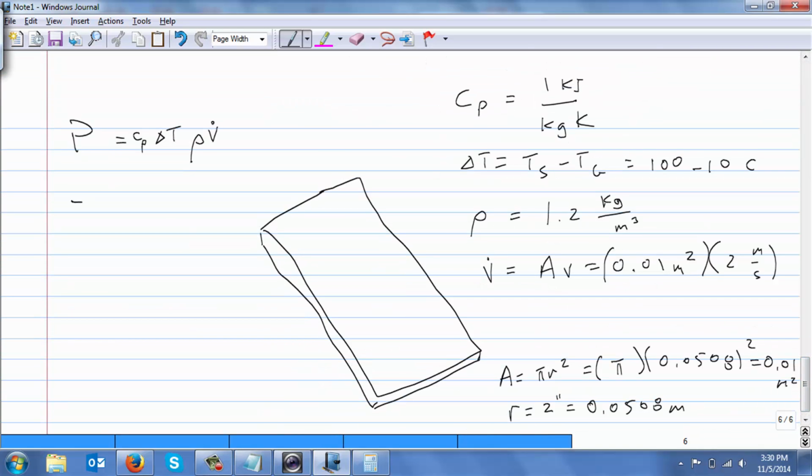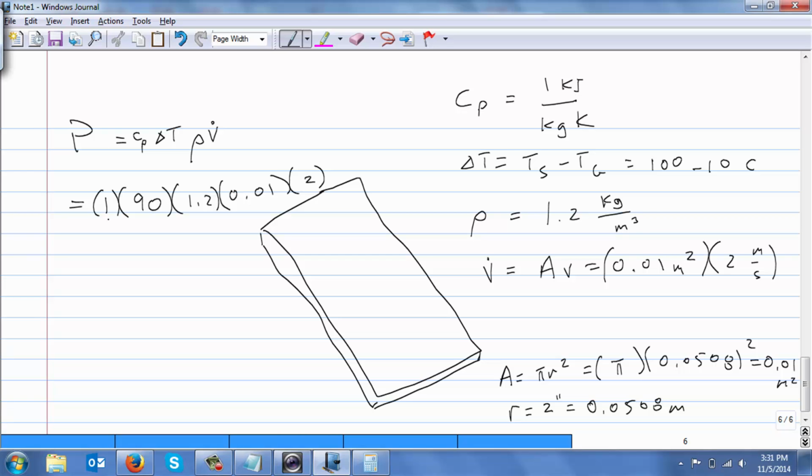So power equals 1 times 90 times 1.2 times 0.01 times 2.